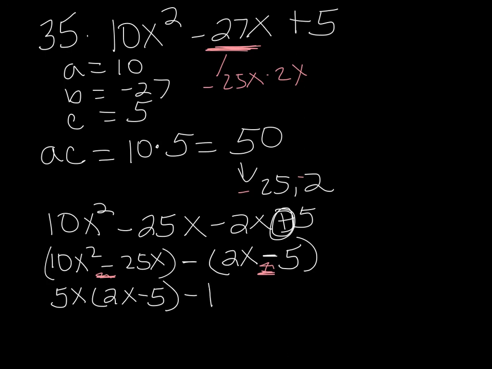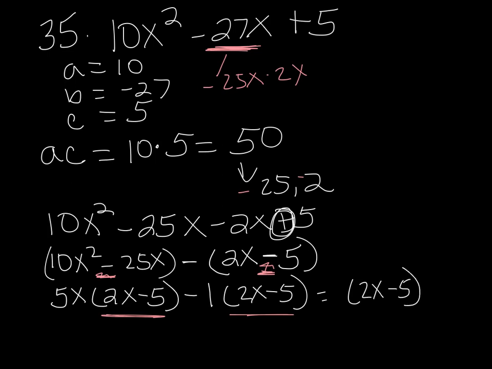That's all I'm going to do, and then I'm going to write 2x minus 5. And you can see here again that we have a greatest common factor, so you want to pull that out one more time. Now you can pull out a 2x minus 5, and what you have left, you multiply, and you have a 5x minus 1.